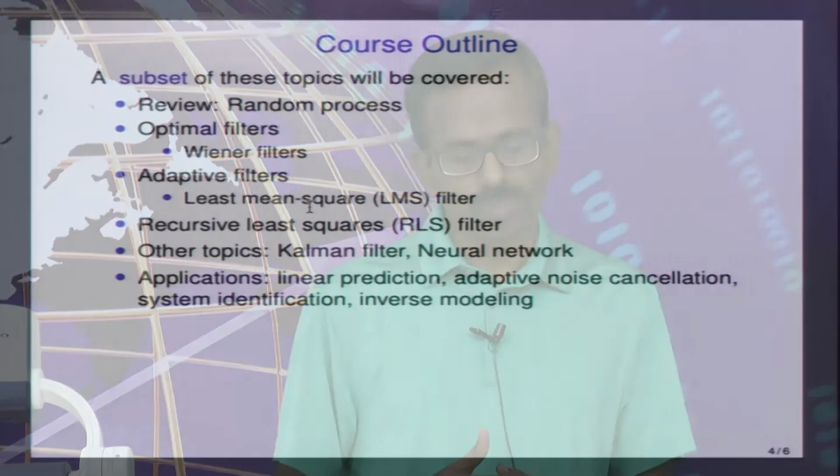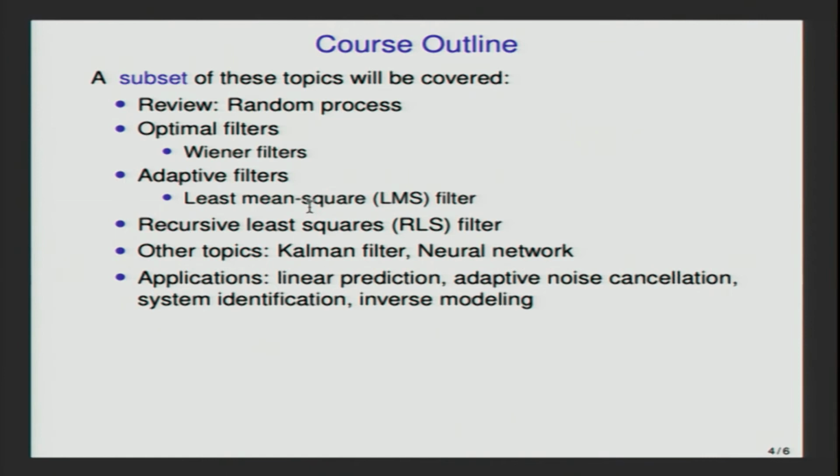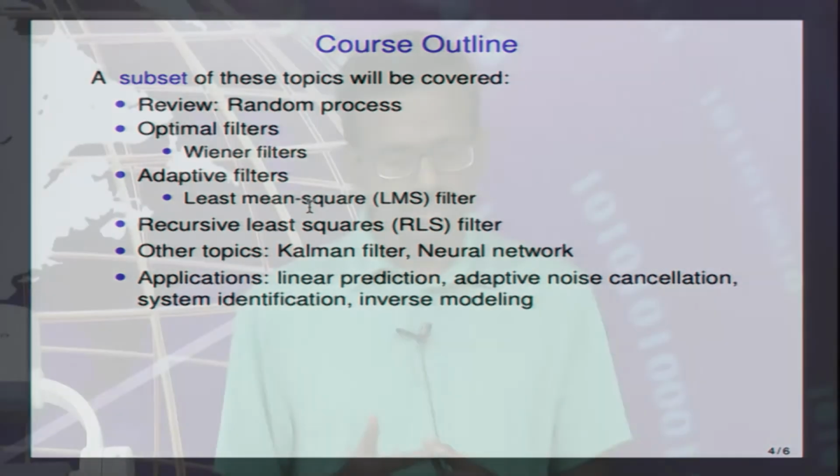With this kind of theoretical background on these topics, of course there will be examples as we go along. Towards the end, we will look at specific applications of these topics with problems which are well known in each of their own field. For example, linear prediction in speech processing, adaptive noise cancellation, which is very popular and used in hearing aid applications.